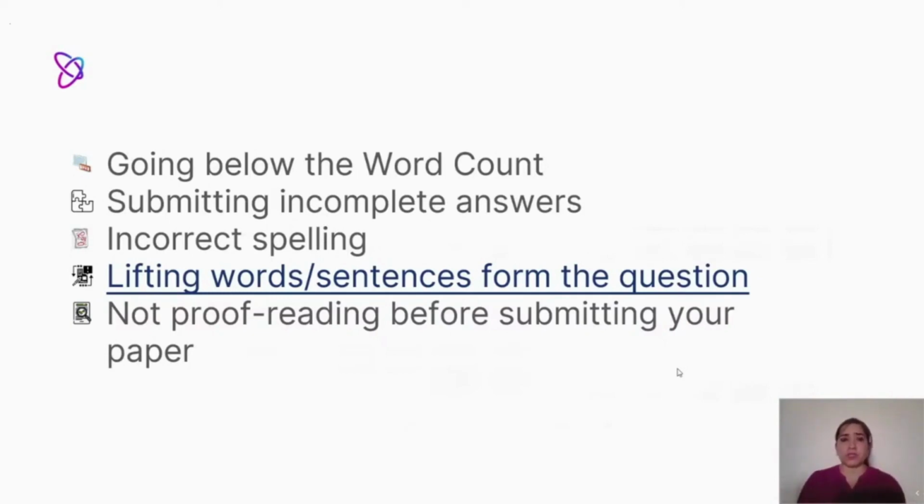So the tip here is make sure you leave maybe 5 to 10 minutes. 10 minutes is a little too much, but maybe at least 5 minutes towards the end to proofread your answer. Because there are times where you will just quickly find those mistakes, and that could be the mistake that would bring you down a band or bring you up a band. So proofreading is very important.